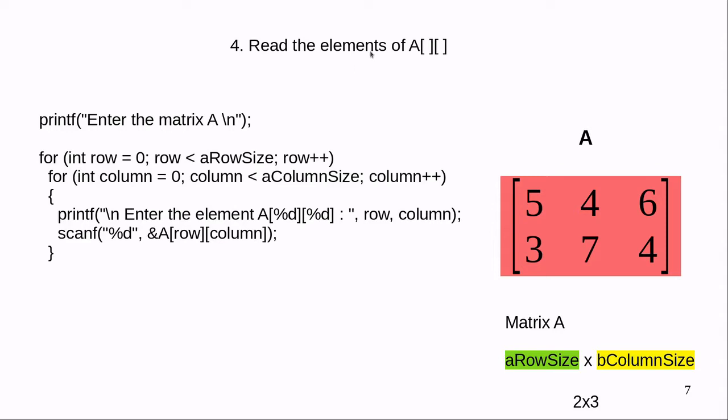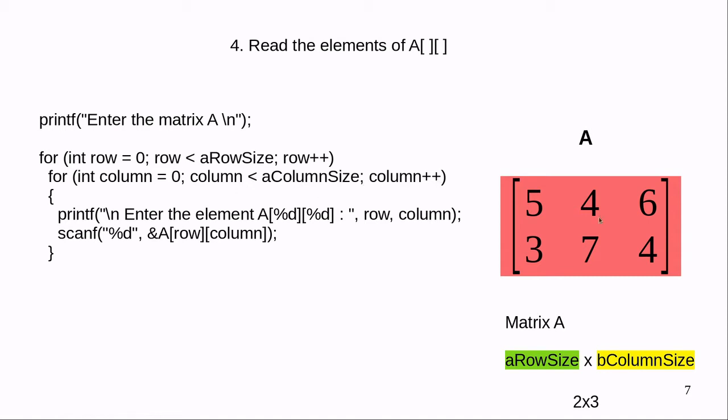That is about reading the elements of matrix A. We know that the number of rows is A row size and the number of columns is A column size. First we want to enter the elements of the first row, so we have a loop: int row equal to 0, row less than A row size, row plus plus. Within each row we also have to go to each column, so we have an inner loop: int column equal to 0, column less than A column size, column plus plus.